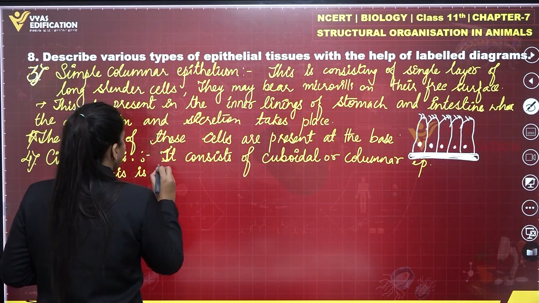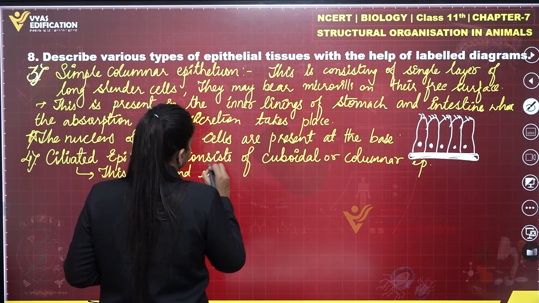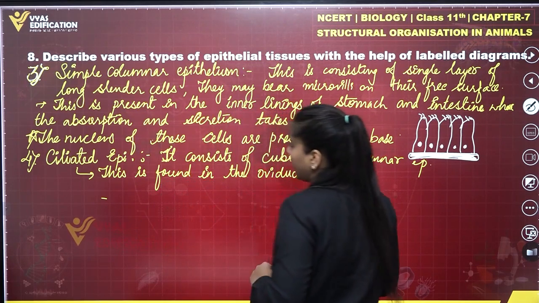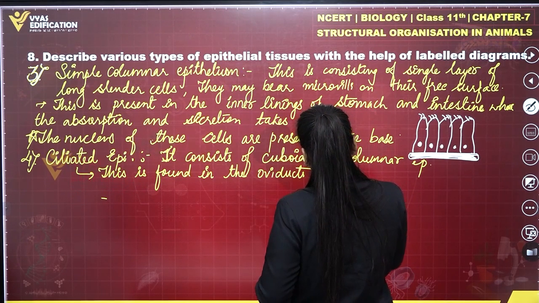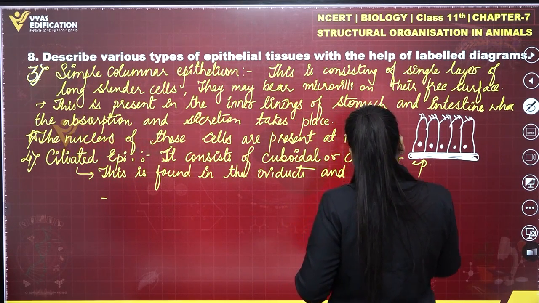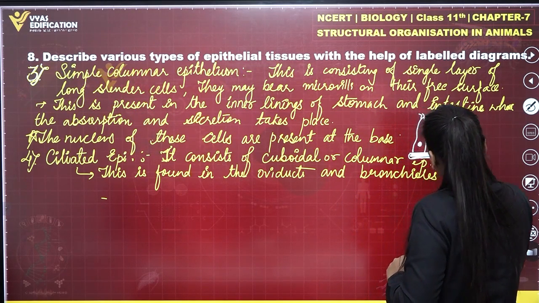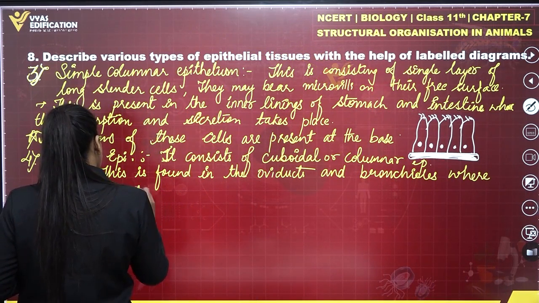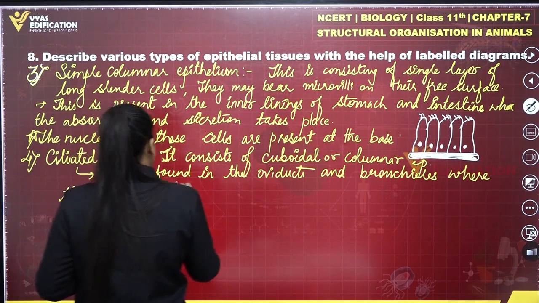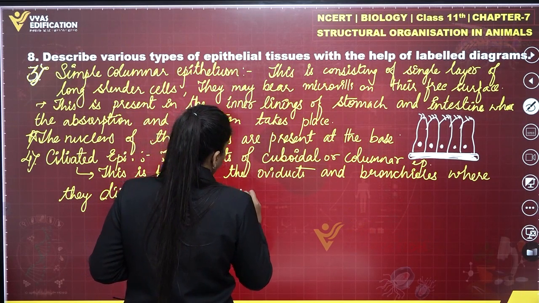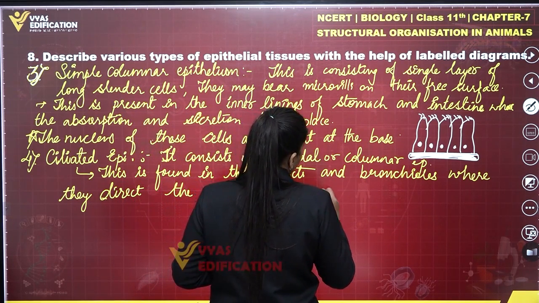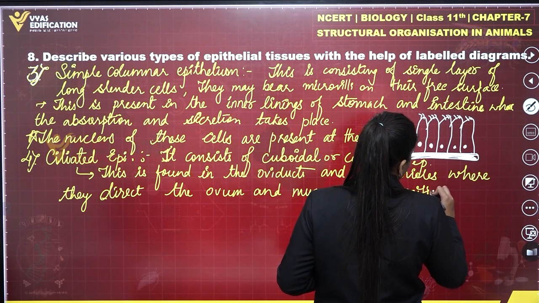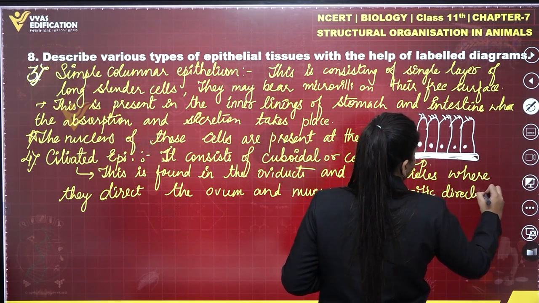This is found in the oviducts and bronchioles, where they direct the ovum and mucus in a specific direction.